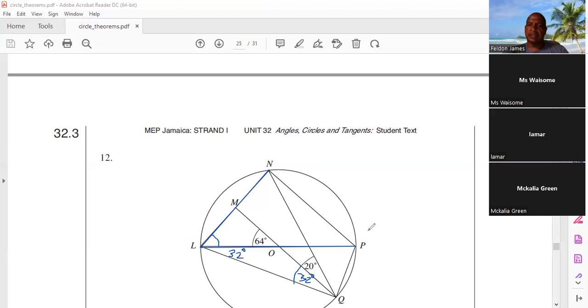We know anything else? All right, so we want to figure out this angle. We know this angle. What was this angle again? We know this angle to be 38.